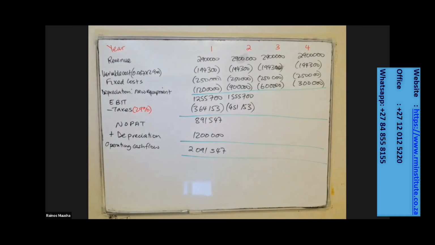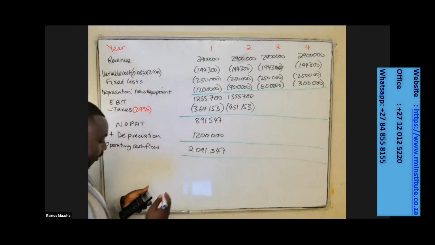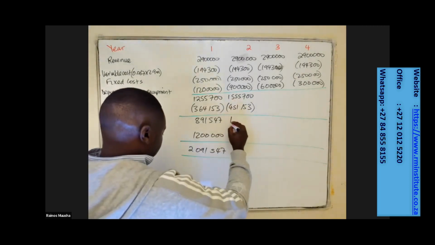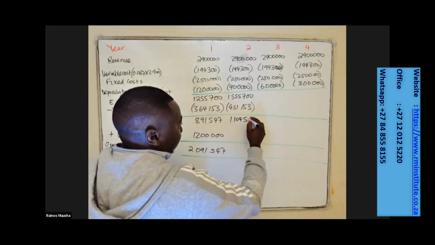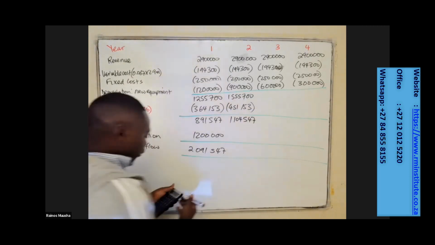From this, you get a net operating profit after tax of 1,104,547.